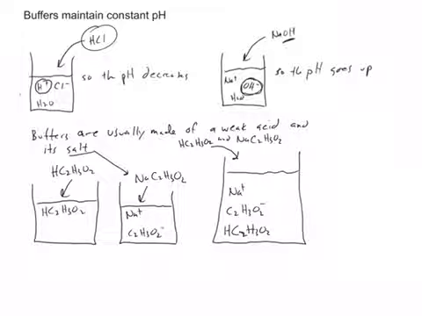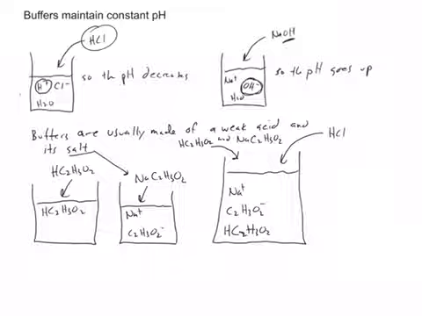Okay? So what's going to happen if we add HCl? So we add HCl, the H and the Cl come apart, and the H is going to look for something to react with. It's got to react with something in order to be absorbed. If the hydrogen ions are allowed to go free as free ions, they will lower the pH.